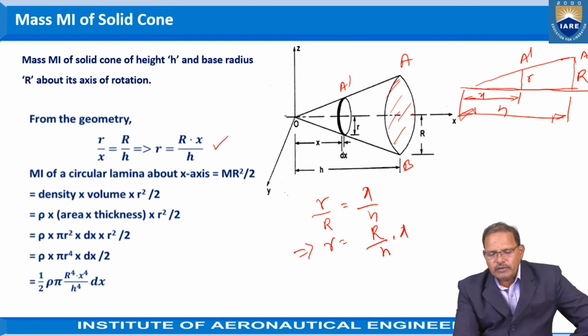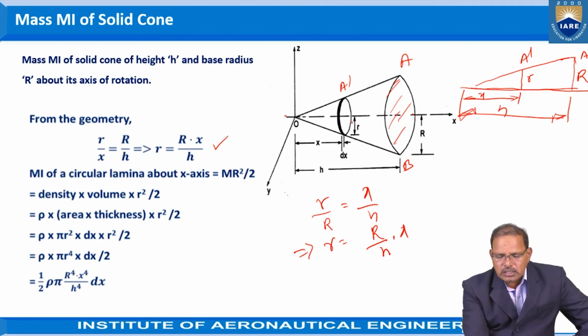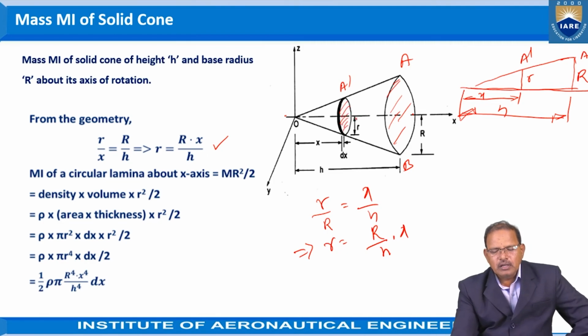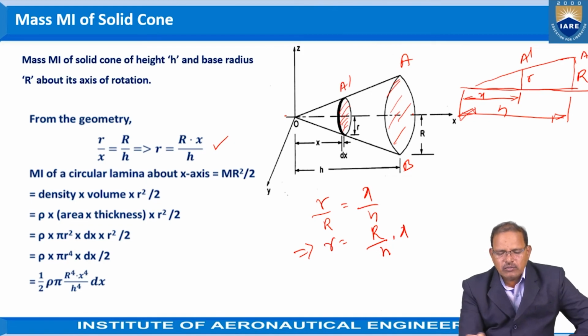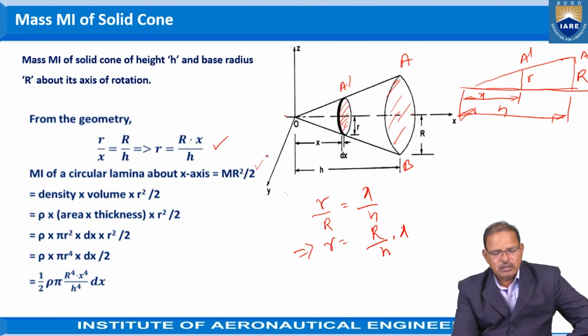The mass moment of inertia of this circular lamina, which has thickness dx, about the x-axis, that is the axis passing through the center of the circle, is equal to m r square by 2. Here m is the mass of the element, which is equal to the density multiplied by the volume.